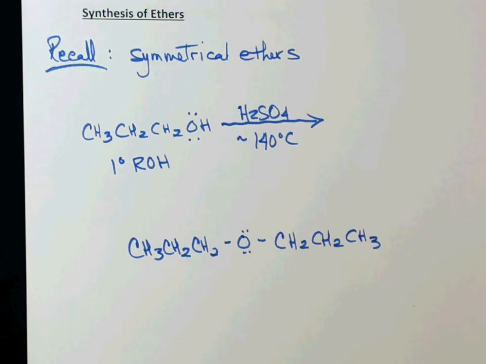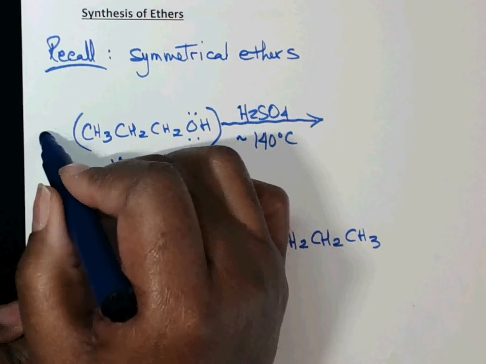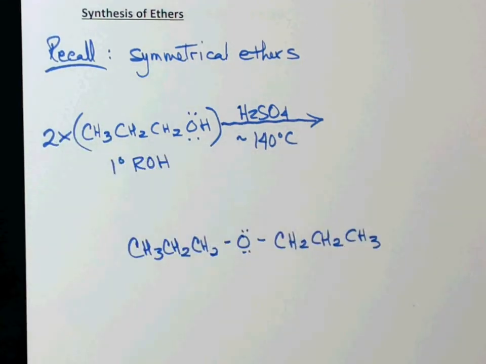This process only works with symmetrical ethers, meaning I gotta have two of them. Okay? So if I have two identical primary alcohols, I heat them at about 140 degrees C in the presence of sulfuric acid, I will get a symmetrical ether.